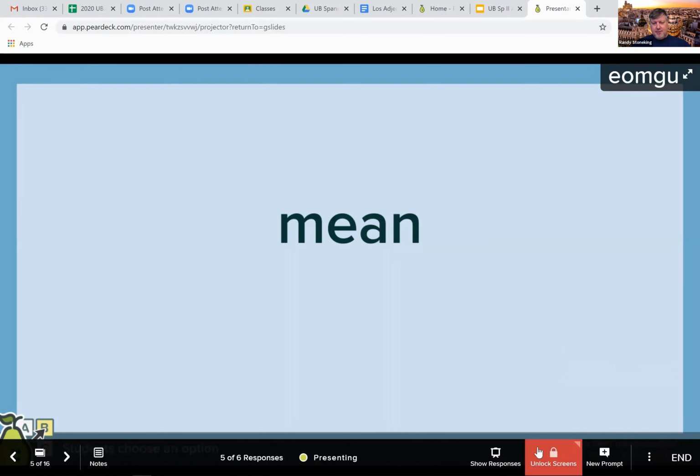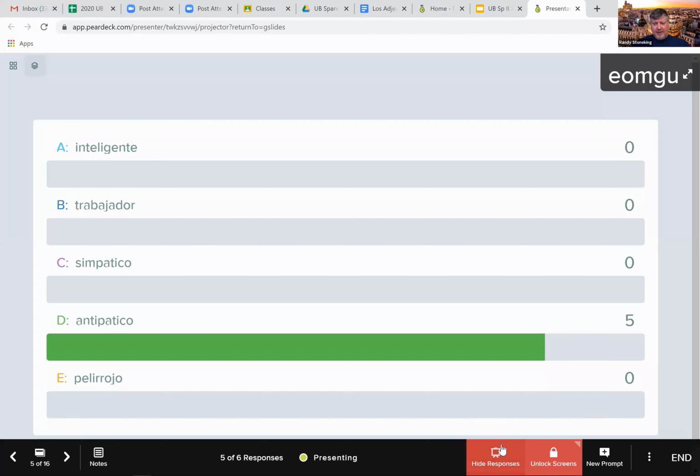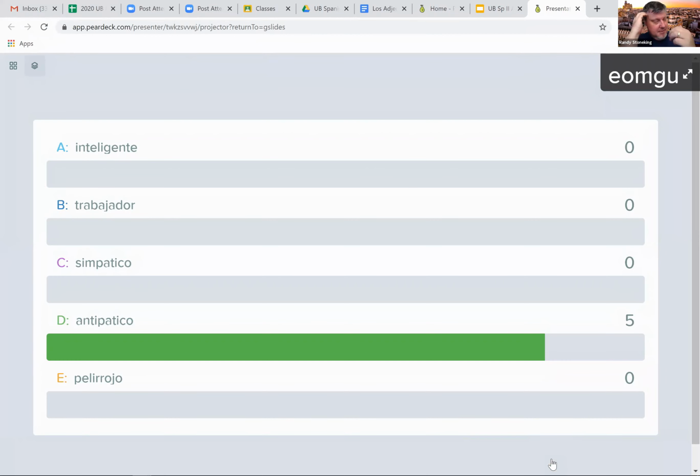Lock them out. Mean is antipático. Very good. If you think about these words in pairs, a lot of these words are opposite pairs, like tall, short, funny, boring, nice, and mean.